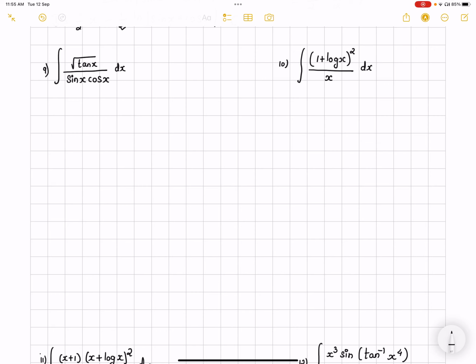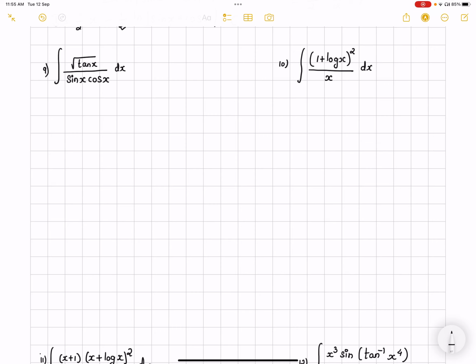So we have root tan x divided by sin x cos x. What we need to do here in order to make it simple, so that I can use my integration formulas? See, tan x is there in the numerator, and it's a composition of a function: root is there and inside a trigonometric function is there.